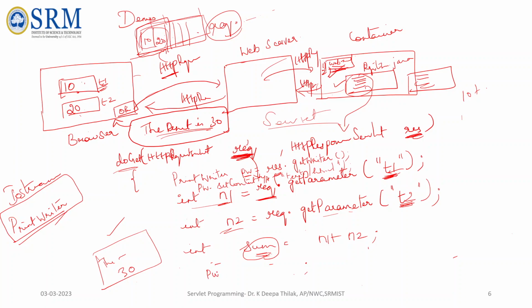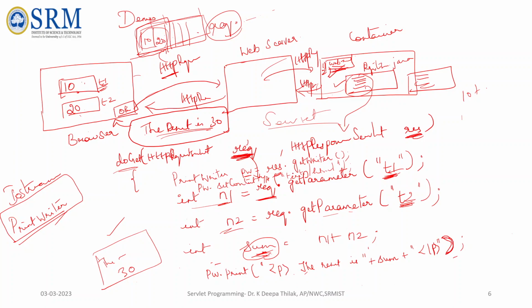Now I can do pw.print. What I need is "the result is". So I put it in a paragraph tag, then write the result is, and I need that 30 to be printed, right? So I put the variable sum, then the closing p tag.